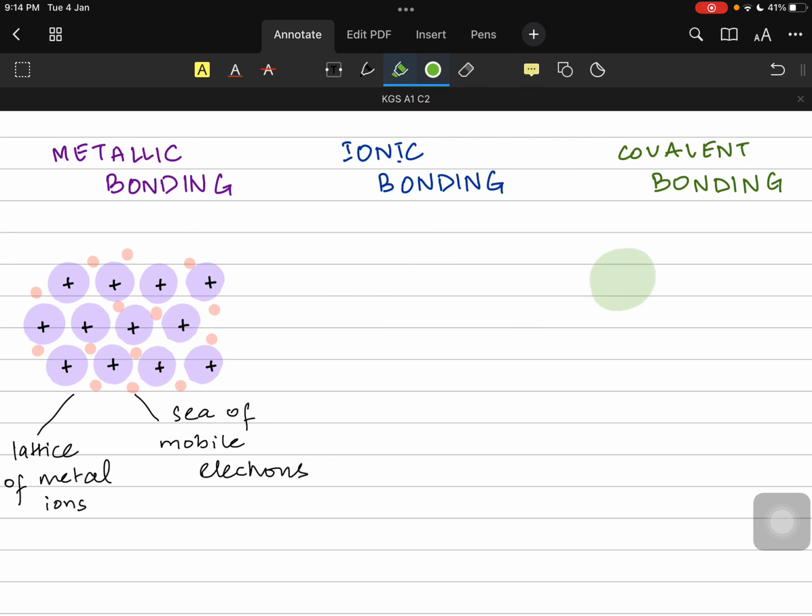For example, this is a non-metal atom with another non-metal atom. For example, this is an oxygen atom with hydrogen atoms. They share their electrons. Hydrogen brings its electron, oxygen brings its electron, and they share it.